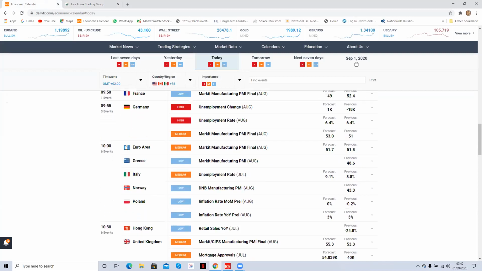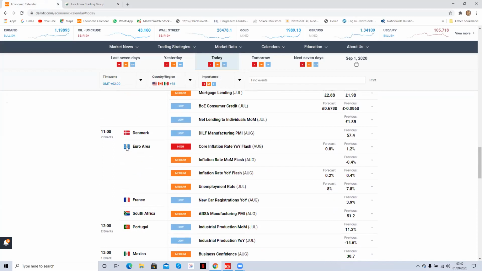Again, this is all GMT plus 2 times. So with the analysis I've just done this morning, I would rather have my first attempt just before, I'll place my orders just before this report from the Euro area at 11 o'clock. I'll be happy to have a first attempt, and I've explained the reasons why in detail earlier on this morning.